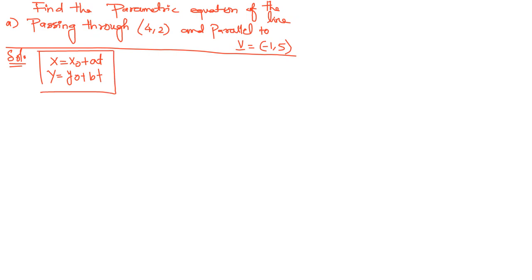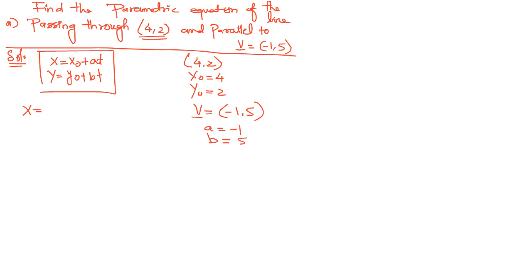The point is (4, 2), so x naught is equal to 4 and y naught is equal to 2. Vector v is (-1, 5), so a is -1 and b is 5. Just substitute these values in the parametric equations.